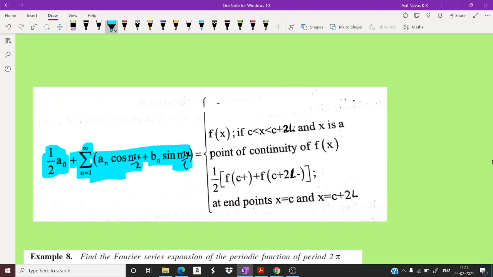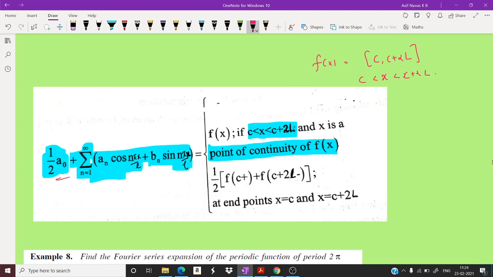Then this Fourier series, if x is a point of continuity, or x is in between c and c plus 2L, that means x is in between. We have defined f of x on the interval c to c plus 2L. Then if x is in between c and c plus 2L, then this series value is actually equal to f of x at that point.